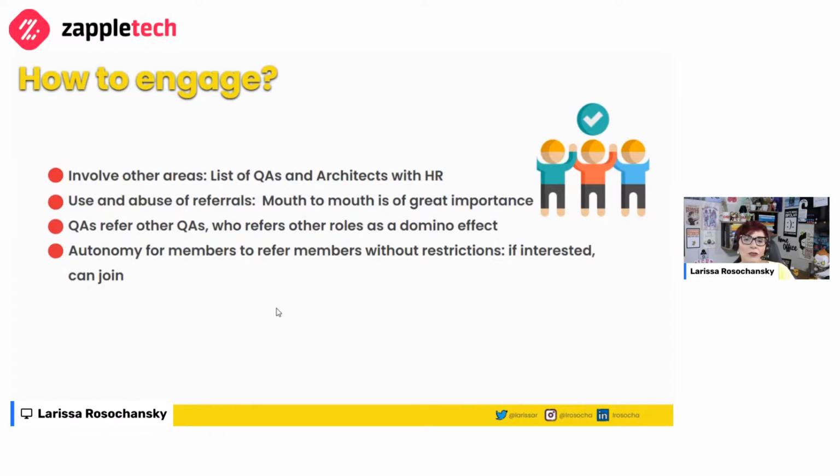So I talked to human resources and asked for help with everyone that has the role of tester, quality assurance, and also architect. So we created this big channel with the list of all the quality assurance people and architects, and we published it.